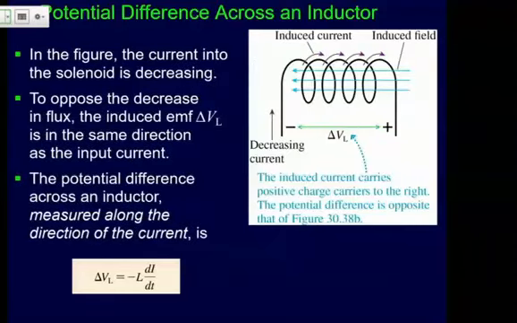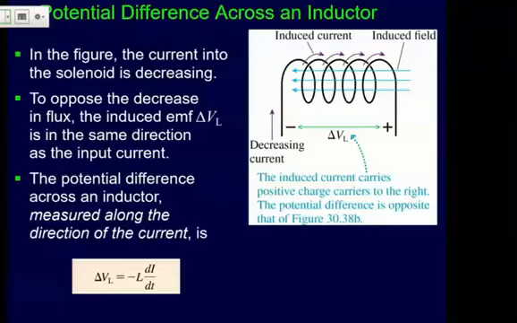And then on the other side, if we have the current going this way but it's decreasing, then you want to create a magnetic field going that way to keep it the same. In that case, your current is going this way, which has a sense of a negative there and a positive there.